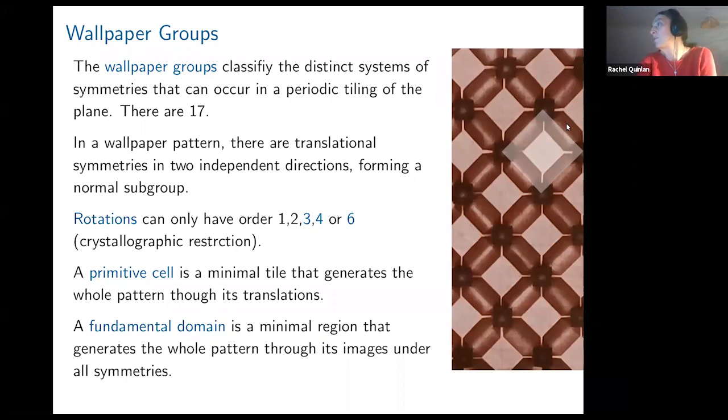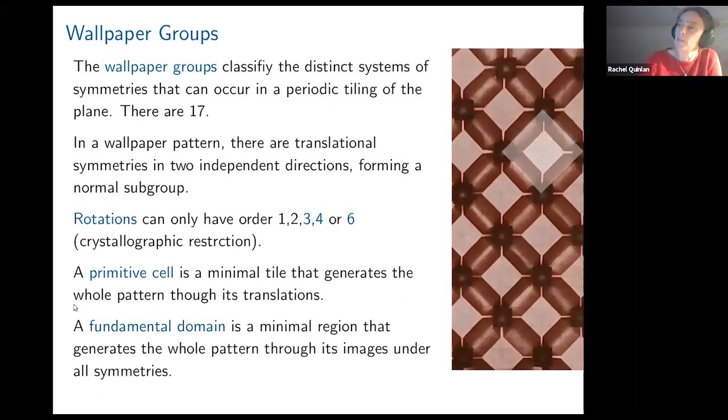And there are also reflections in the lines that pass through the midpoints of the sides of the tiles. So this is an example where, in fact, every symmetry of a basic tile is also a symmetry of the entire pattern. If we take that highlighted tile as the basic one, we can reflect the whole pattern in that vertical line, or the horizontal one, or either of the two diagonally oriented lines that pass through the midpoints of the sides of the square.